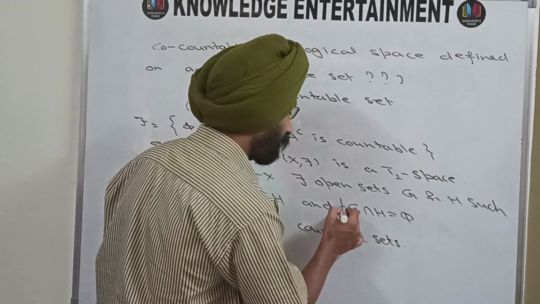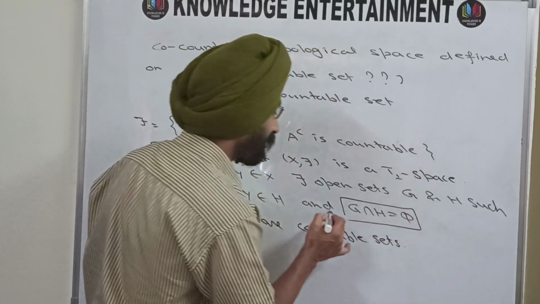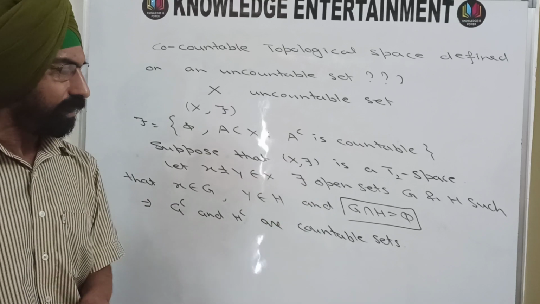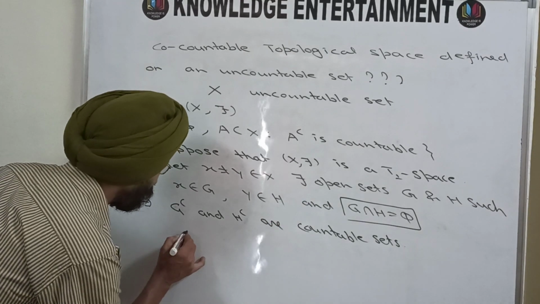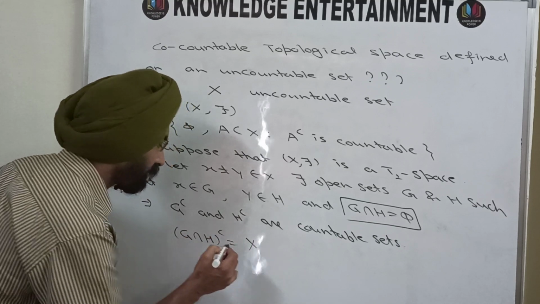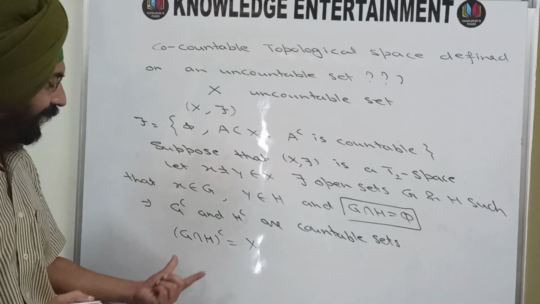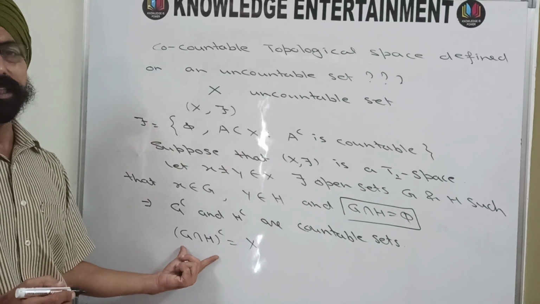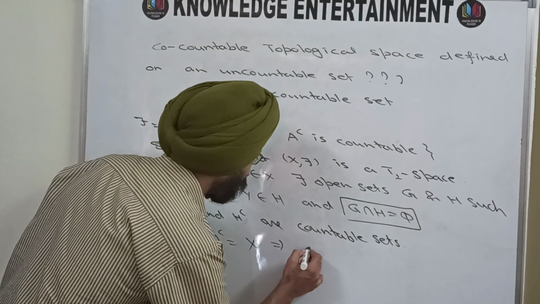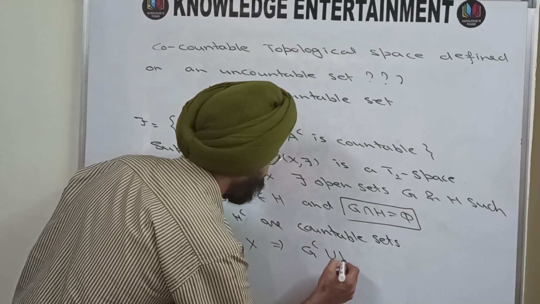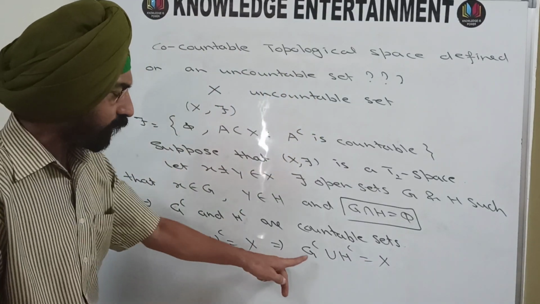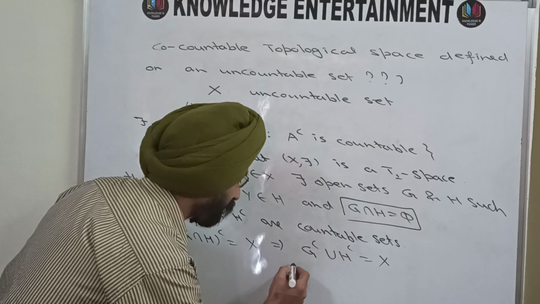Now come on to this condition that G intersection H is phi. Taking complement on both sides, G intersection H complement will be the whole space X, and here apply the De Morgan's law of set theory. So what you will get? You will get G complement union H complement is equal to X. Now what is G complement?